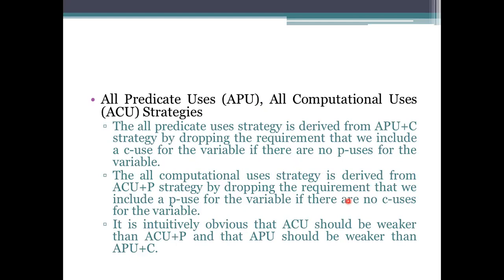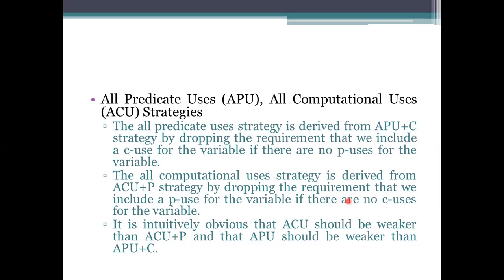So here all the predicates we are using have to be specified. The computational uses, the ACU plus C, and the APU plus C have to be included in this one, because we need to take all the variables in the predicates and then all the variables in the computations.